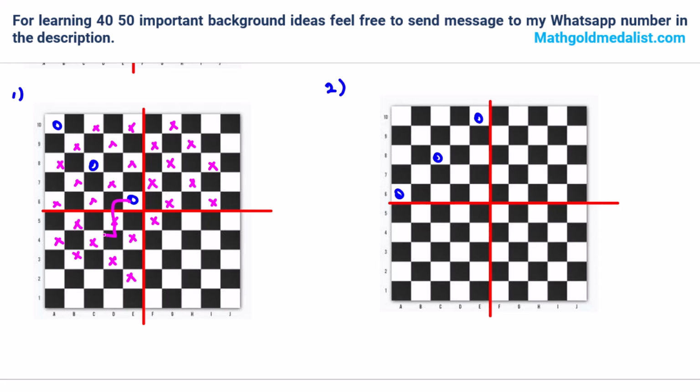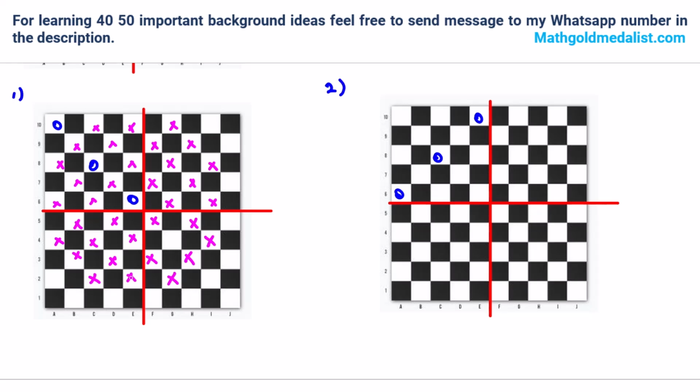We can remove also this one, but we cannot remove this, right? So here also we can remove, for example, this one, this one, this one, this one. Agreed? We can remove this one. We cannot remove any more cells, right?